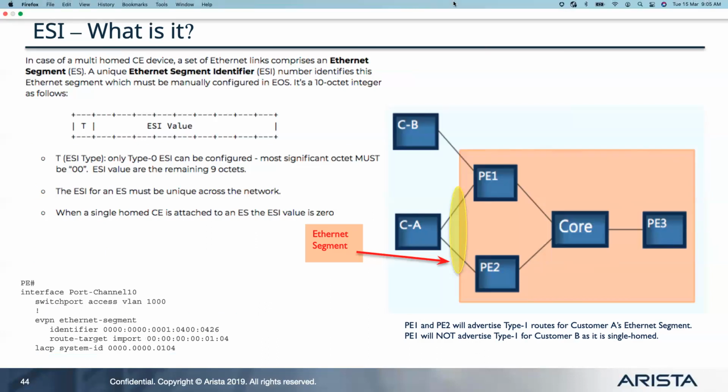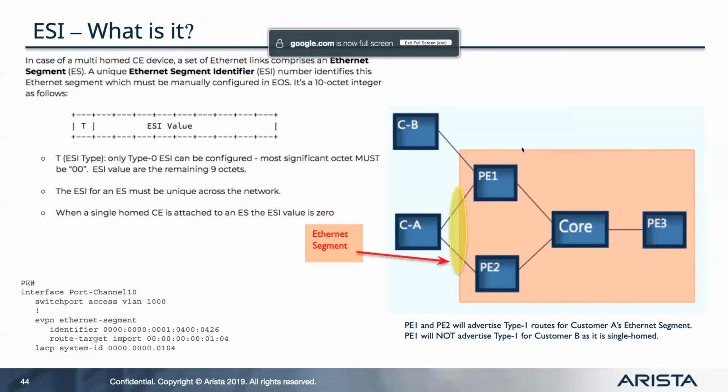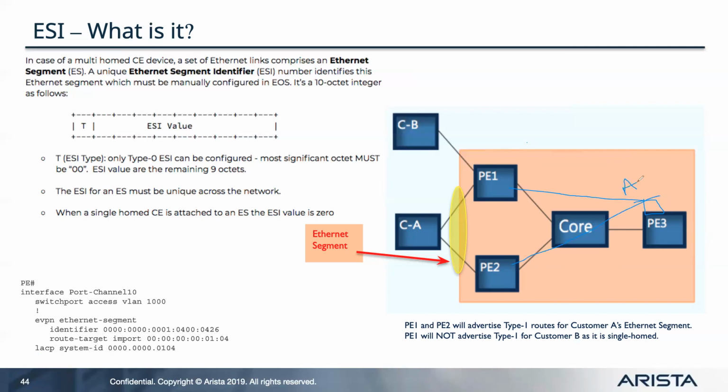This is called aliasing. Auto discovery is type 4, we'll discuss that. Type 1 is aliasing. So basically PE3 will alias or load balance, because now it knows that to send a packet to MAC A, I have two paths, VTEP 1 and 2. Okay. So this is another problem we are solving by using this.